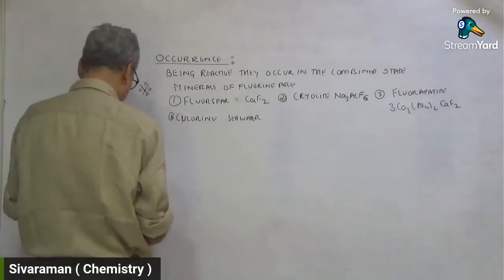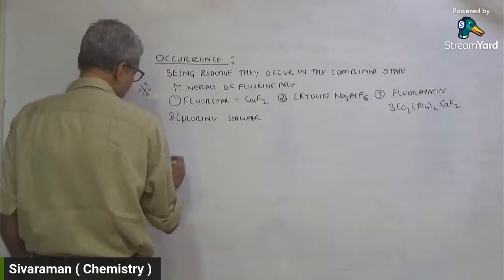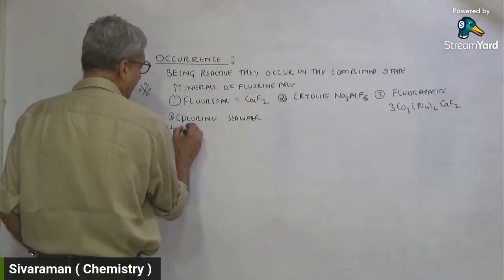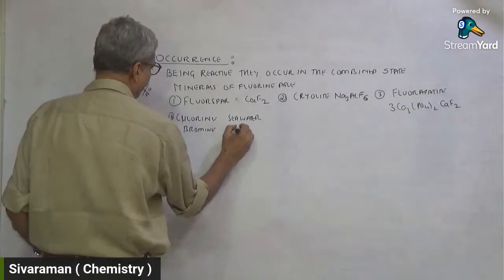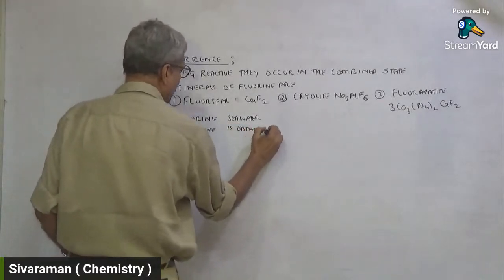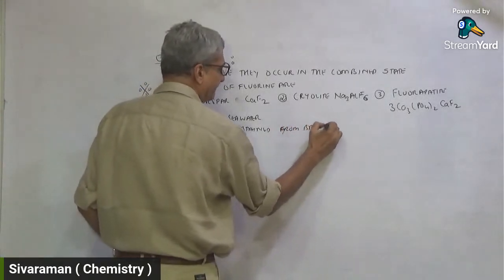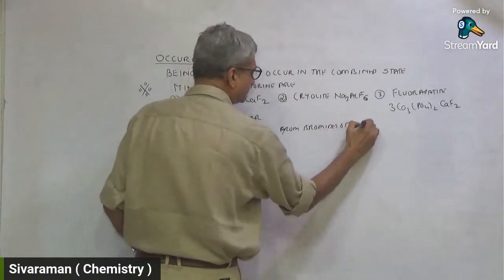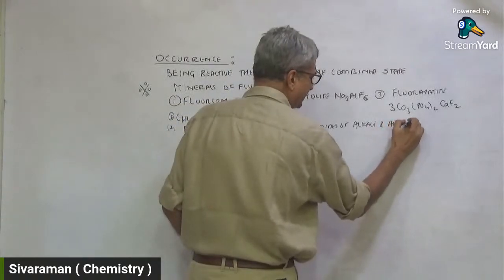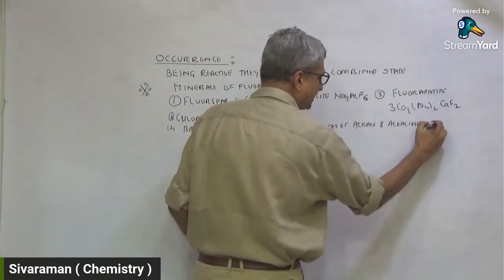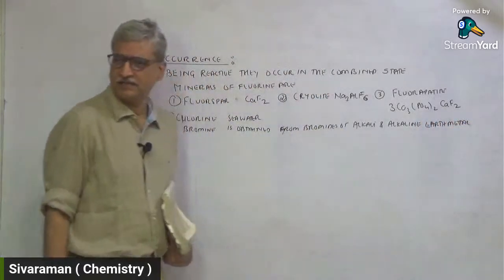Bromine is obtained from bromides of alkali and alkaline earth metals.